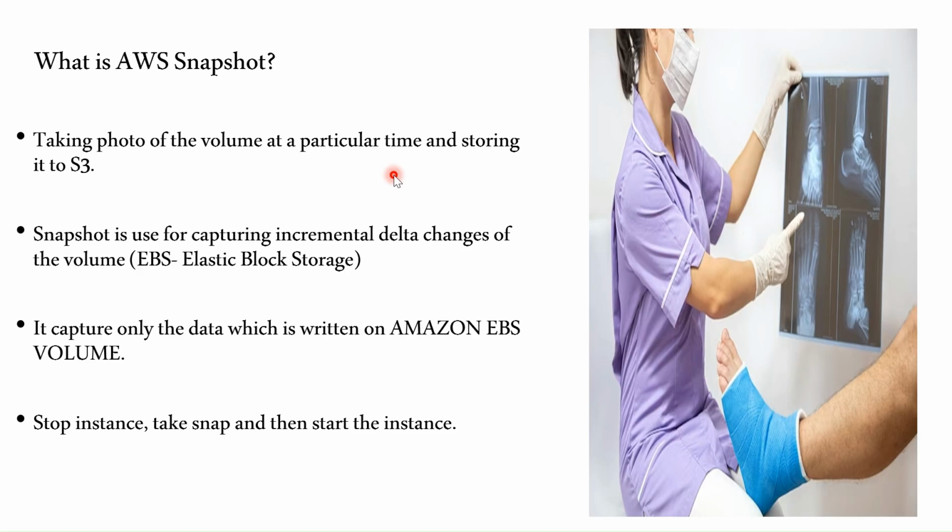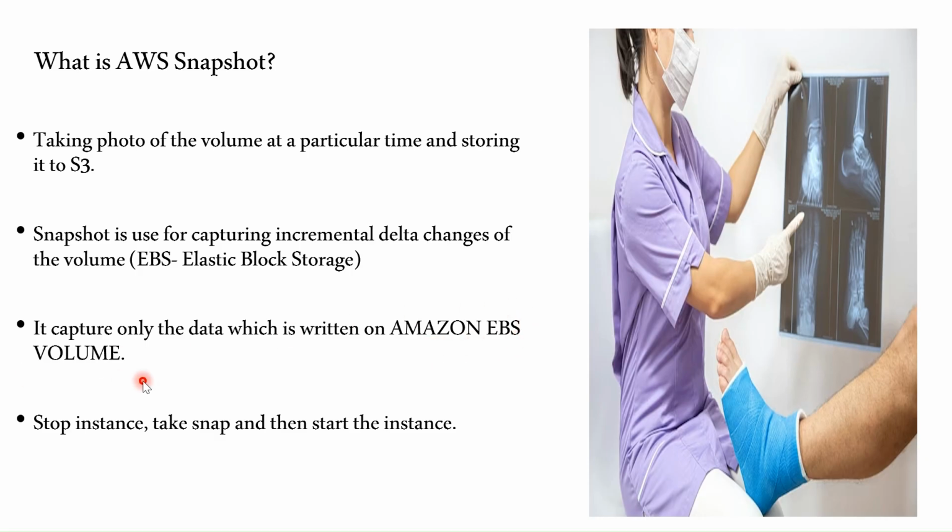If I take a snapshot at that time, I will get the operating system detail plus the web page which I have deployed on the EC2. Everything gets captured in my second snapshot. So if you want to capture the delta changes of your EC2, we can use the snapshot. It captures only the data which is written in the EBS volume.